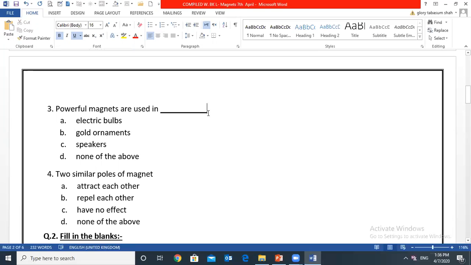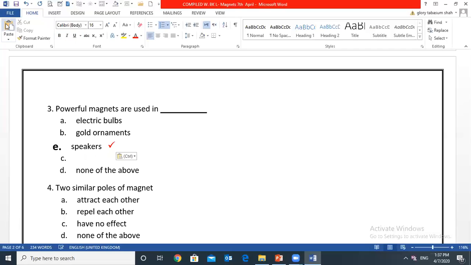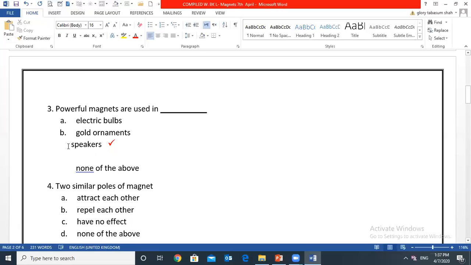Powerful magnets are useful in electrical bulbs A, gold ornament B, speakers C, none of the above D. So answer is speakers. Speakers is the correct answer. This is the C one. C, speakers.